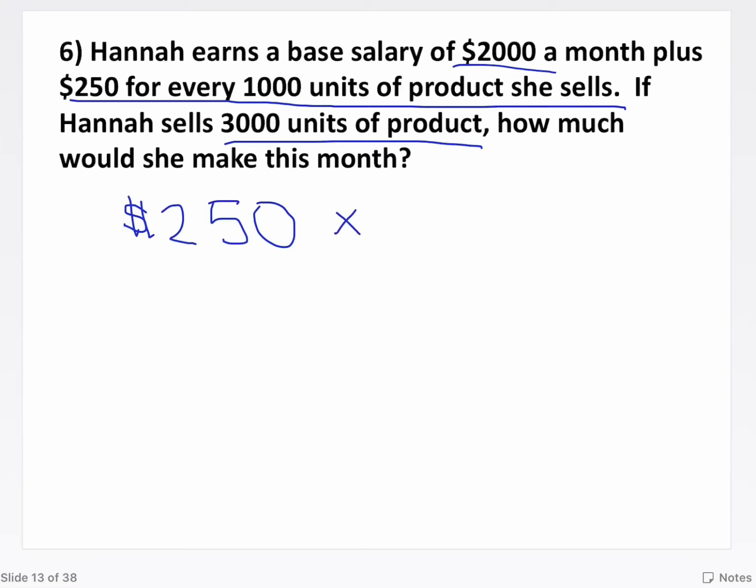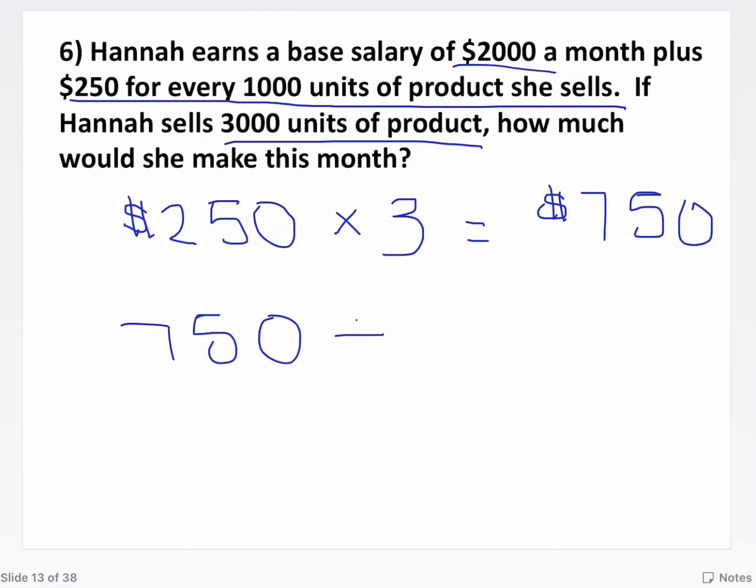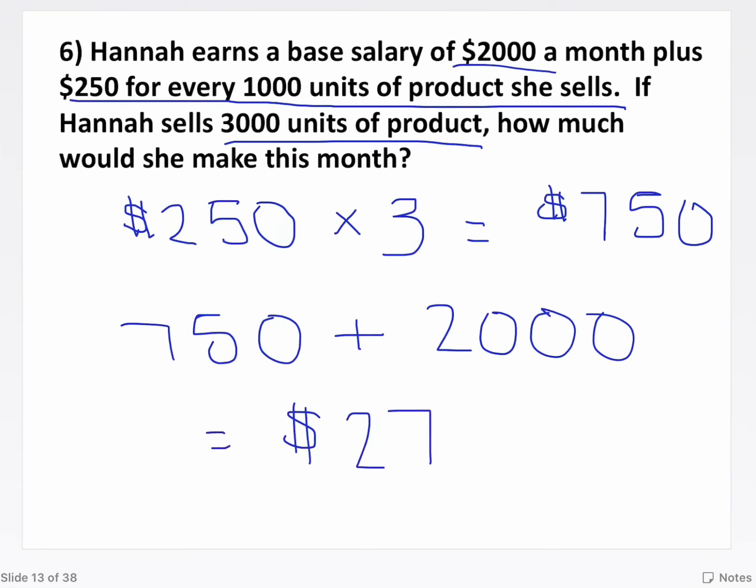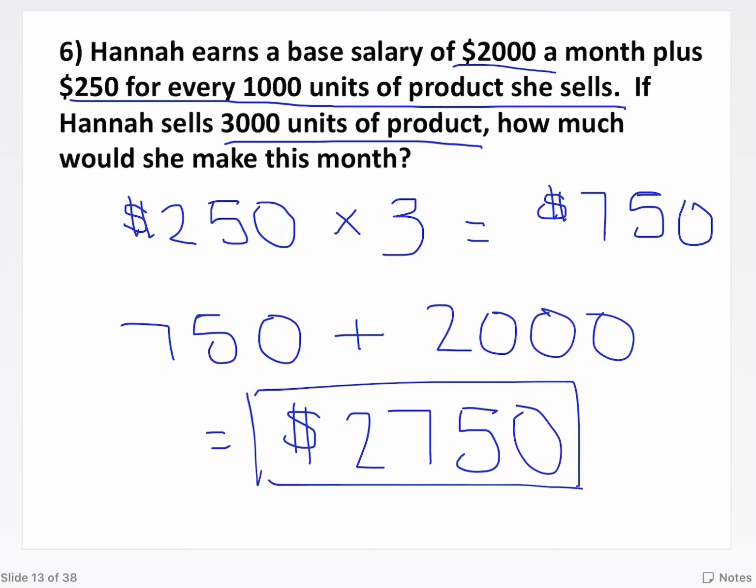She sold 3,000 units, so she gets that $250 3 times. So that's a $750 kind of bonus in addition to her base salary of $2,000 a month. So that works out to $2,750. So again, an incentivized kind of agreement, that if she sold more products, she would have made more money.